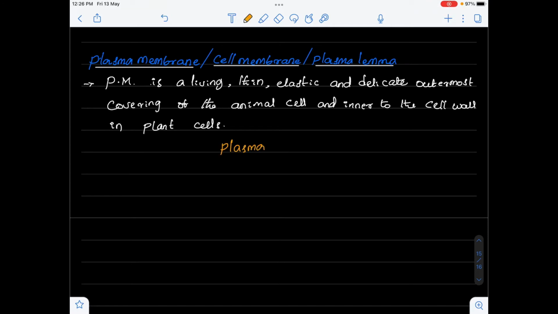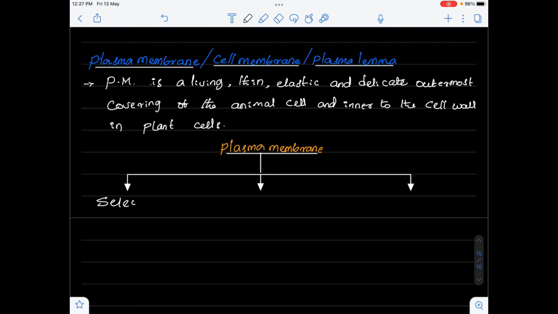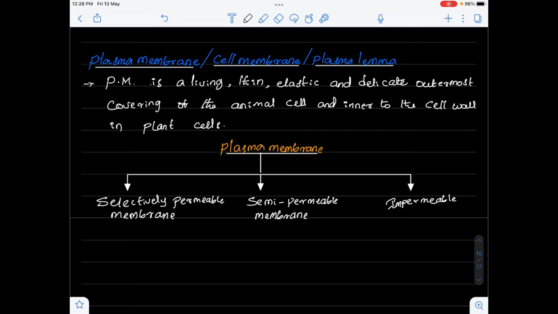In living cells, plasma membrane acts as selectively permeable membrane, and it also acts as semi-permeable membrane and impermeable membrane.